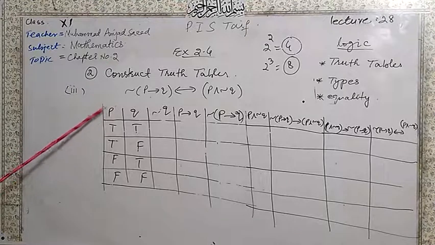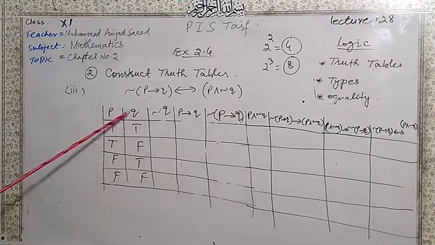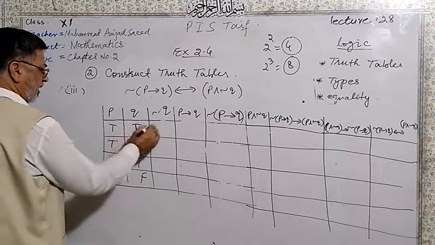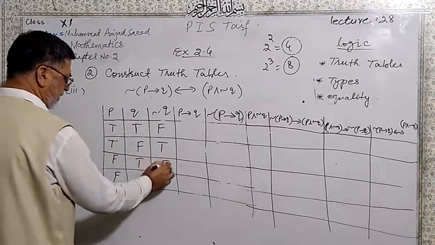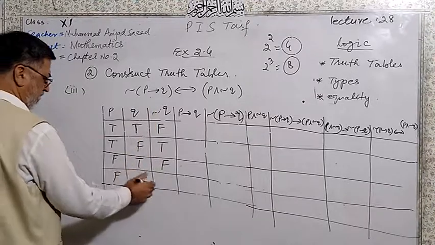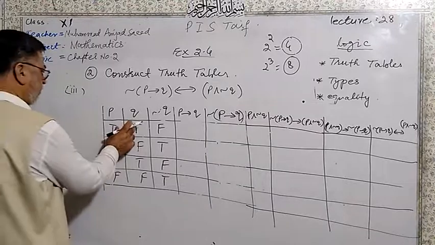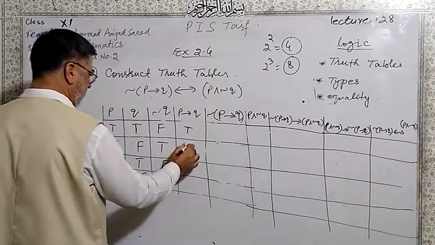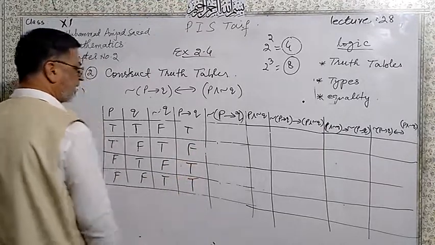So one time P is taken 50% true, 50% false. Q is taken half of 50%. So not Q: this is true, that's why it is false; false, it is true, because we are applying not, opposite. P to Q: T to T is T, T to F is F, F to T is T, F to F is T.